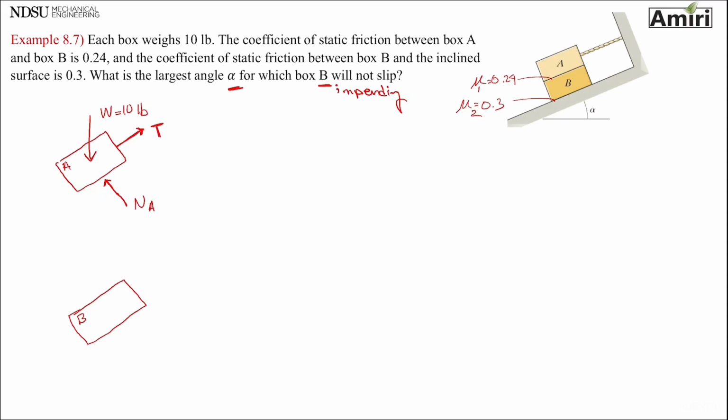B has a weight of 10 pounds. It is contacting A, so there's always a normal force. It is contacting the slope. There is a normal force there. And now there's a friction. So let's see. If I raise this angle alpha, what happens? Block B eventually is going to move down, or it's going to reach impending motion.